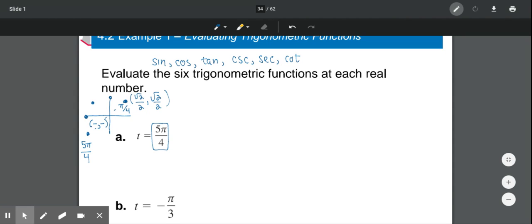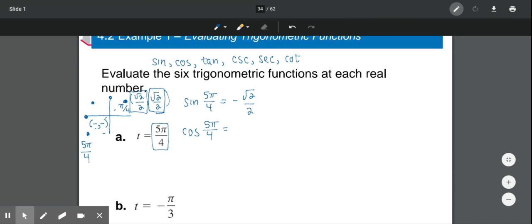So if we're starting with the sine of 5 pi over 4, it will be the same thing as the sine, which is your y-coordinate, of pi over 4, but it has to be negative. So it would be negative root 2 over 2. Your cosine of 5 pi over 4 is your x value.